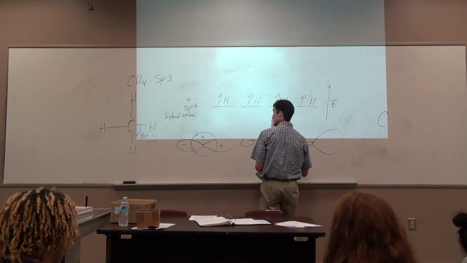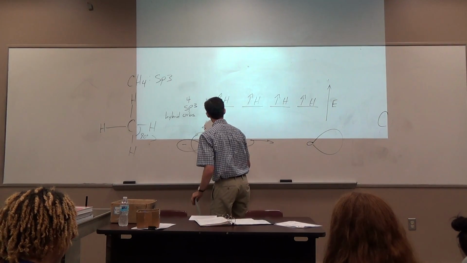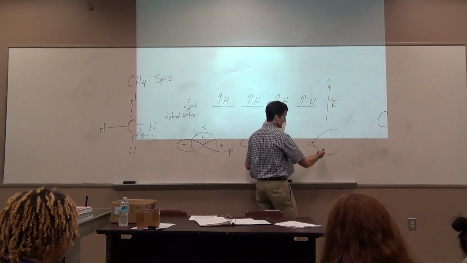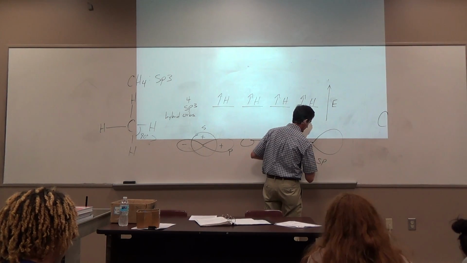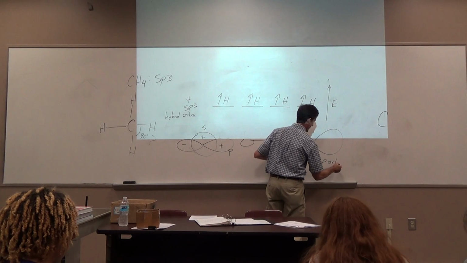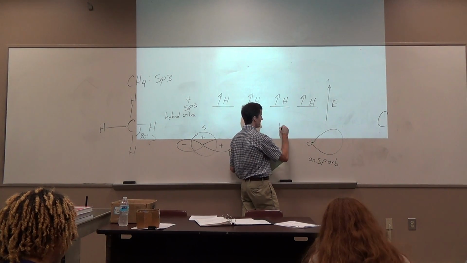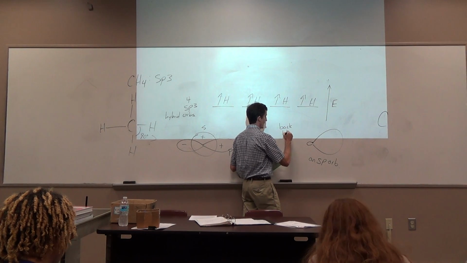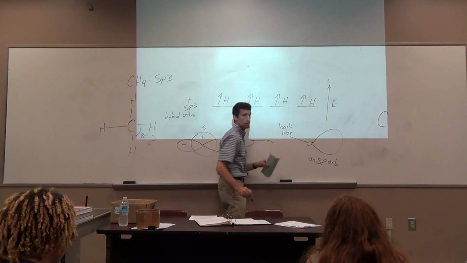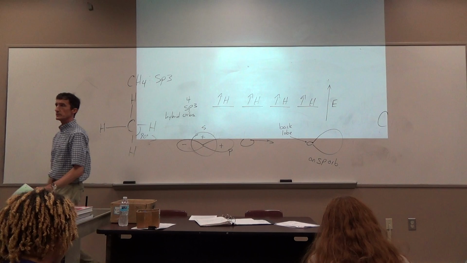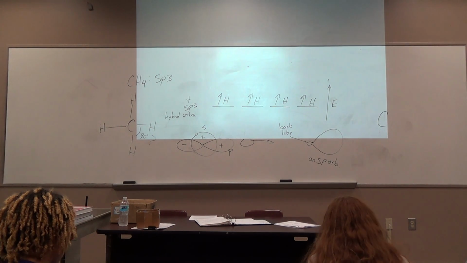And this is going to be called, because we combined an S and a P, what do you want to call this guy? An sp orbital. Now one orbital. This little guy here is called the back lobe. Usually we don't draw that when we start drawing our hybrids, because it just gets in the way.